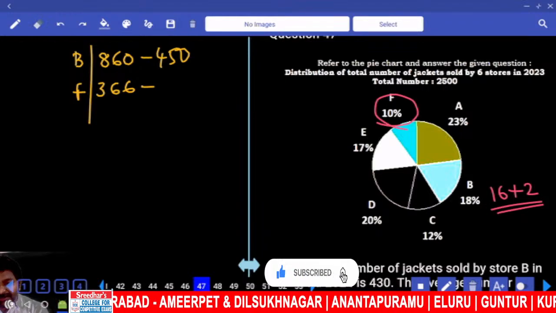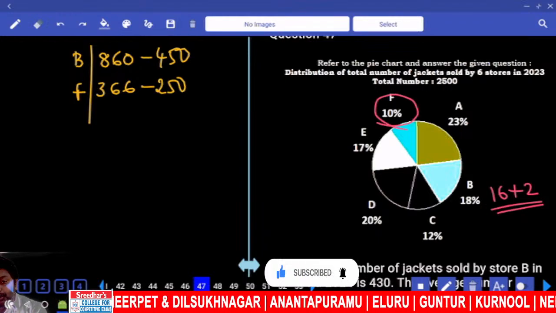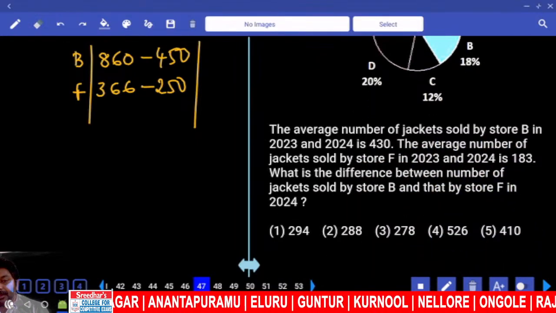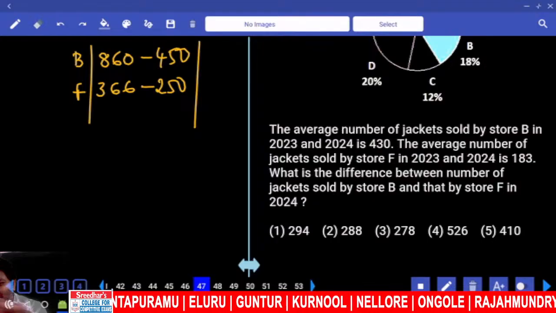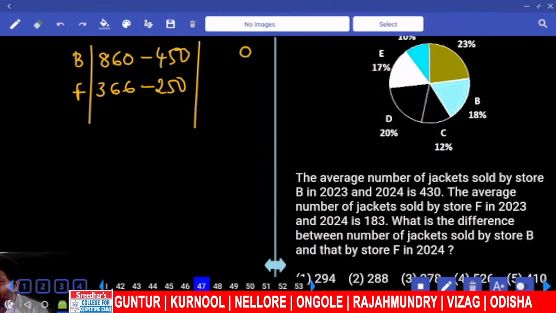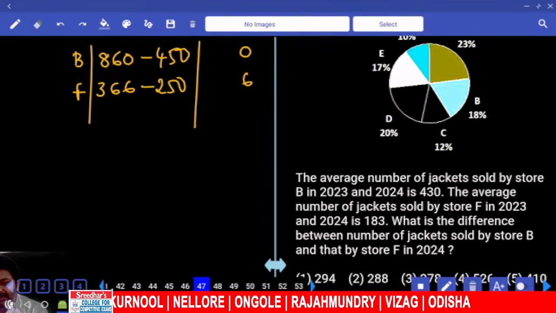F is 10%, 250. Correct. Total is not needed. Last digit: 0 and 6.